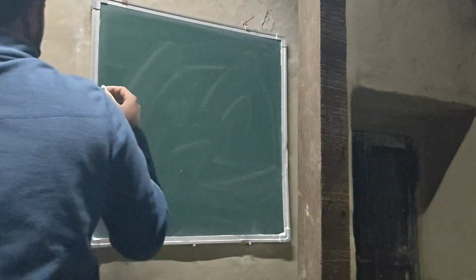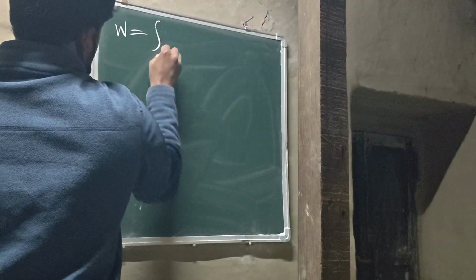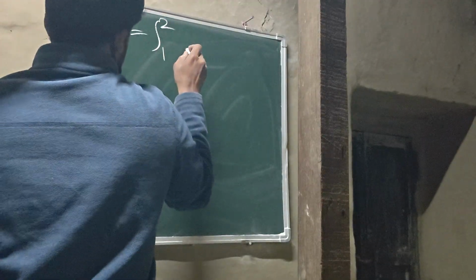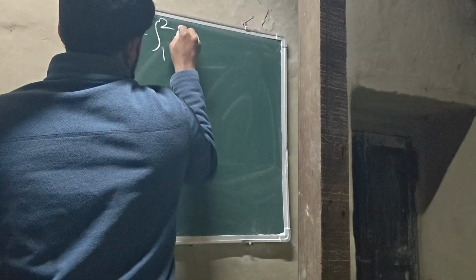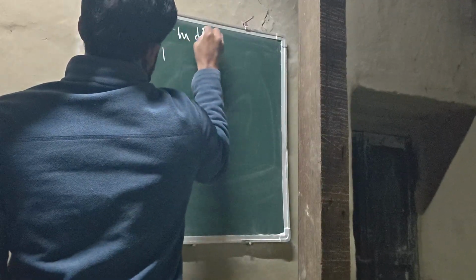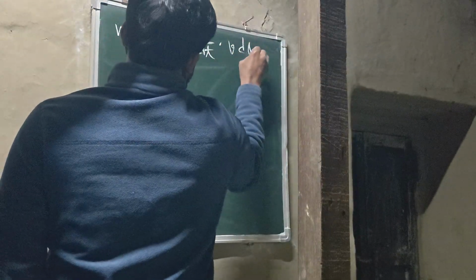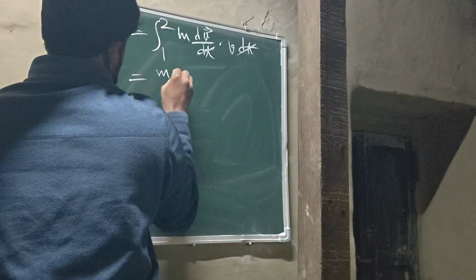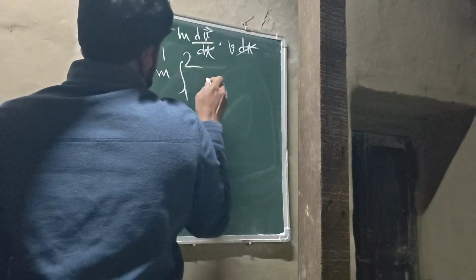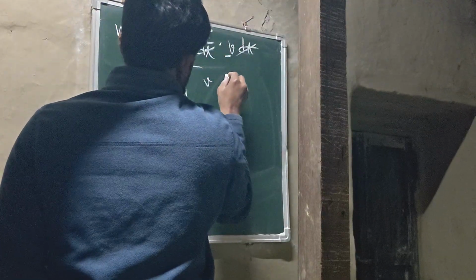From the last line we get total work done W equals integration point 1 to 2 of m dv/dt dot v dt. dt cancels, and m is constant, integration 1 to 2 of v dv.